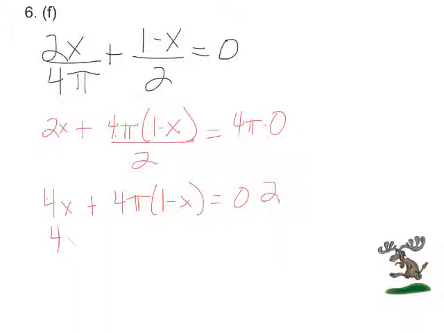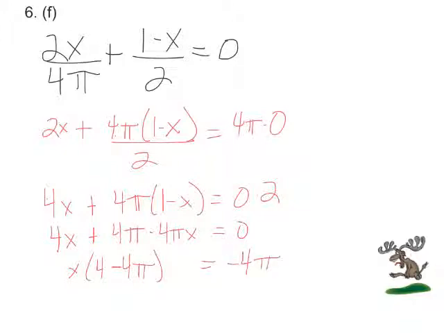Or another way of writing that, 4x plus 4 pi minus 4 pi x equals 0. We can then factor out the x and move the 4 pi across, so we get x times 4 minus 4 pi equals negative 4 pi. So the 4x and the minus 4 pi x is this piece right here.